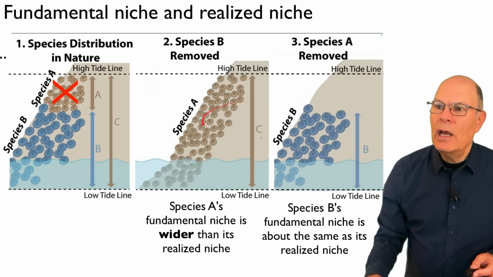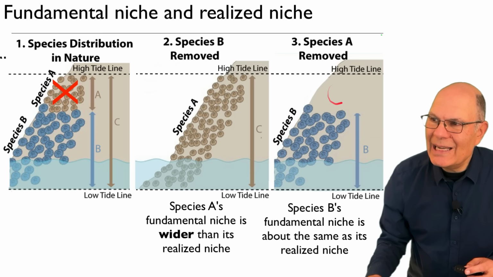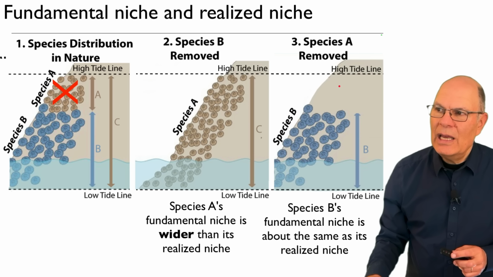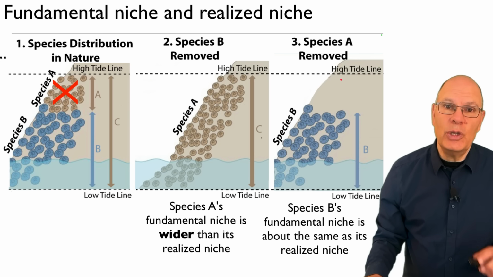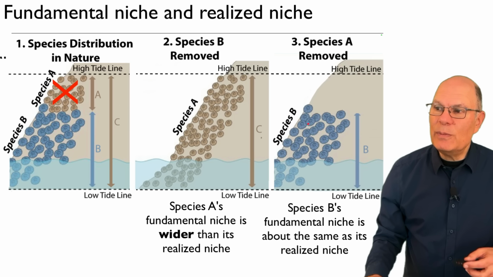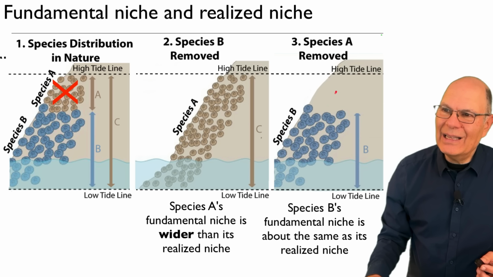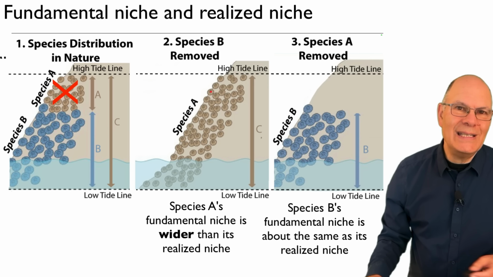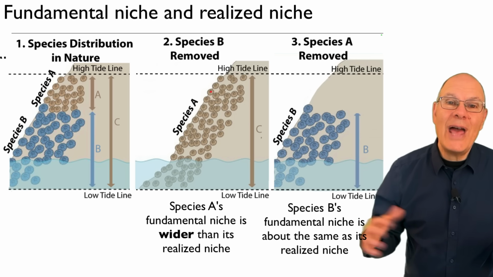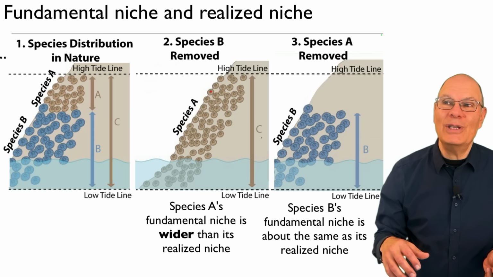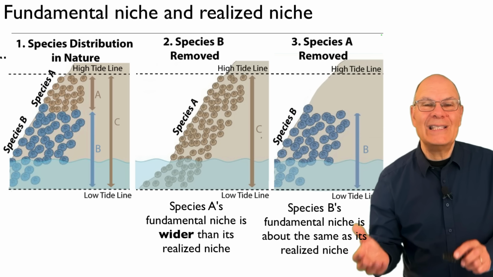And how do we know that? Because when species A is removed, species B is incapable of expanding into this zone over here, closer to the high tide line. Species B can outcompete species A, but it can't live in the area where species A is predominant. That's the difference between a fundamental niche and a realized niche.